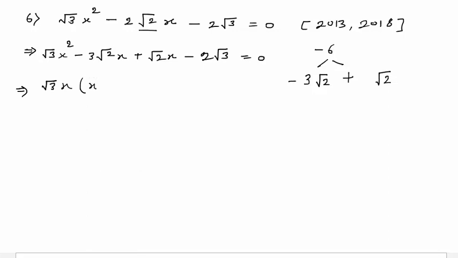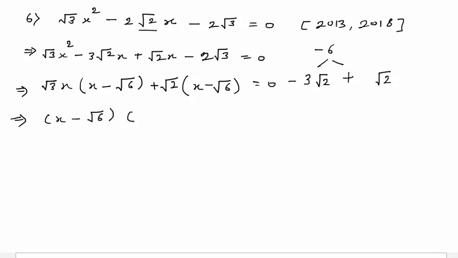So here I have x remaining, and here, if I take root 3 common, I have root 3 into root 2, that is root 6. Plus here I will take that root 2 common. So here in the bracket I have again x minus root 2 into root 3, which gives me root 6, equal to 0. So this indicates that x minus root 6 is in one bracket, and another bracket will be root 3 times x plus root 2, and the product is 0.